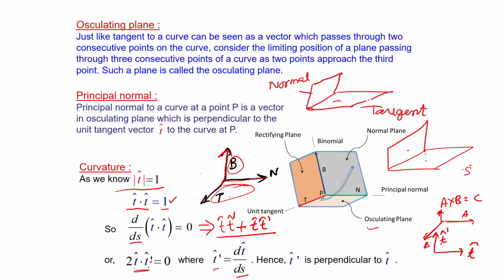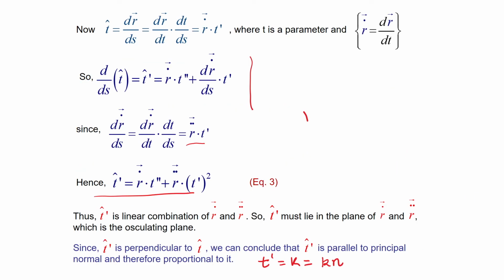So, s is a curve length basically, along the curve s is moving. Then what is t hat? t hat is defined as dr by ds, which we have already initially defined.